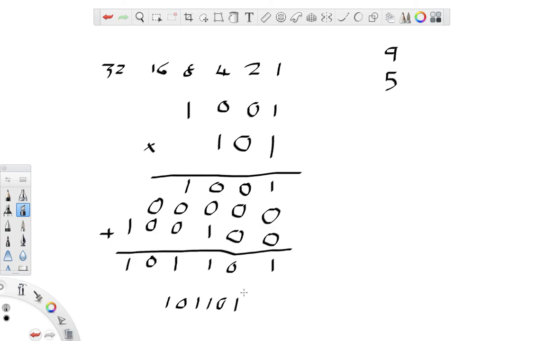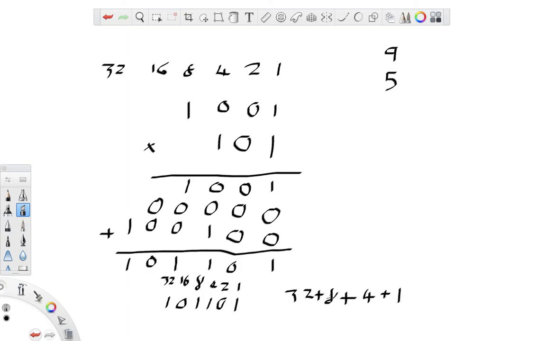So how do we convert that number back to something in base 10? Well, that would be our 1s, that would be our 2s, that would be our 4s, that would be our 8s, this would be our 16s, and our 32s at the end. So we'd have 32 plus no 16s plus 1 8 plus 1 4 plus no 2s plus 1 1.